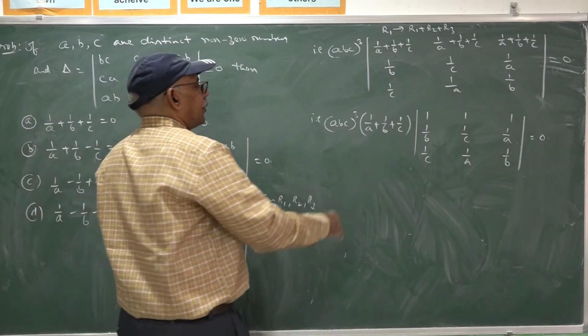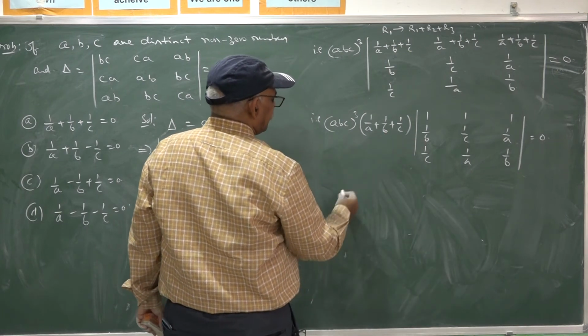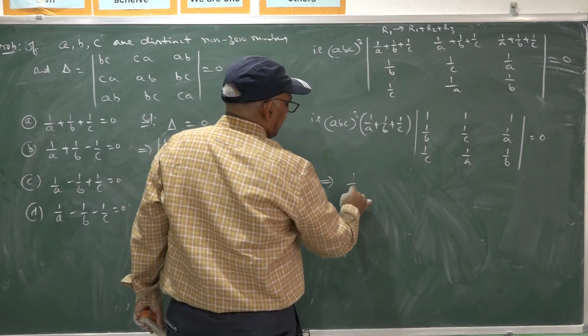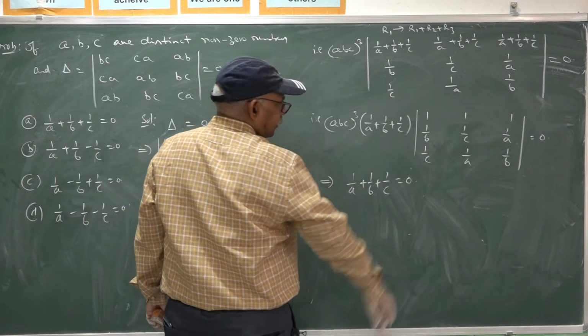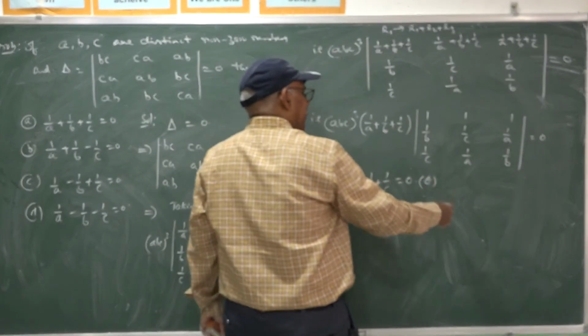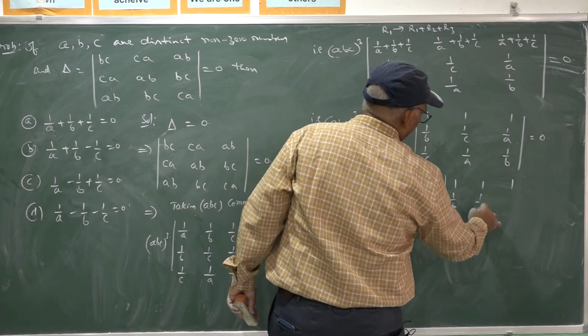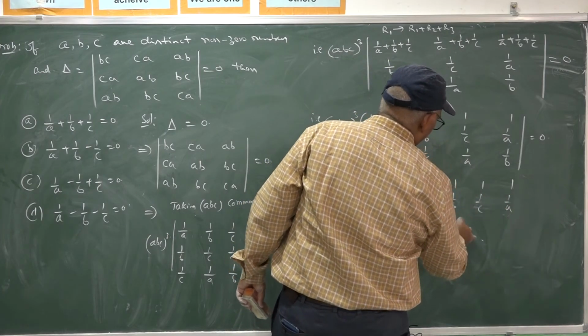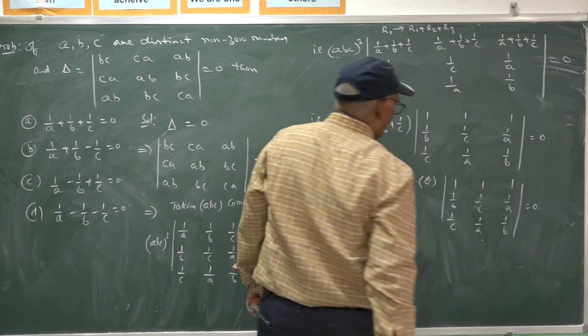So this factor may be 0. Clearly, this factor may be 0. So that implies 1 by A plus 1 by B plus 1 by C may be 0. Or this determinant may be 0: 1, 1, 1, 1 by B, 1 by C, 1 by A, 1 by C, 1 by A, 1 by B is 0.